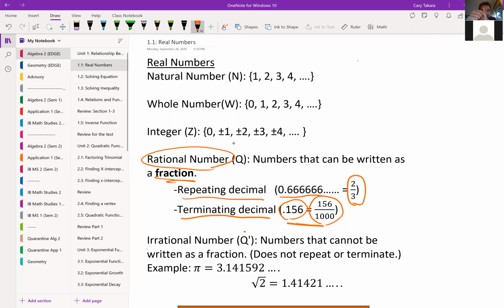So fraction, repeating decimal, and terminating decimal. I want to hear those three things. Can you remember that right now? So just speak to your computer monitor. What is a rational number? Three things. Say it out loud, guys.